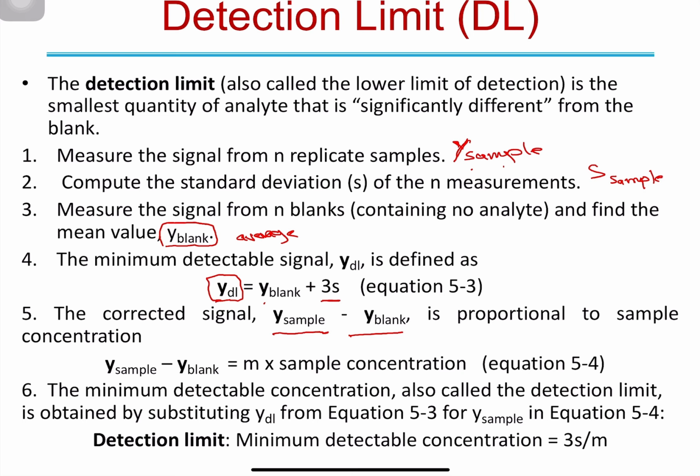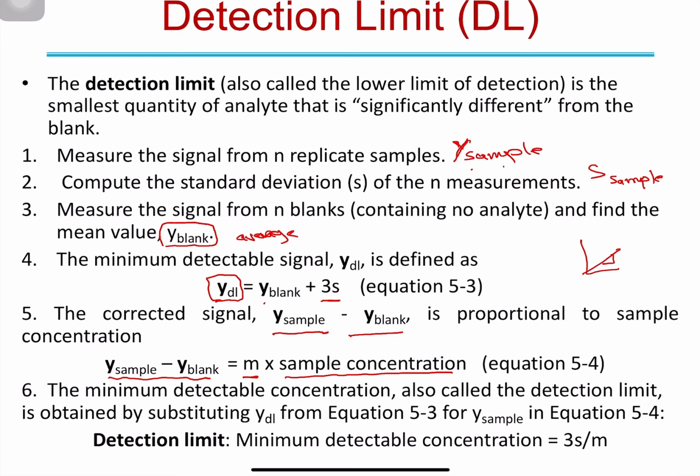We know that for the calibration curve, usually the corrected signal, not the sample signal, is proportional to the sample concentration. That means the corrected signal, Y sample minus Y blank, equals m, the slope of our calibration curve, times the sample concentration.